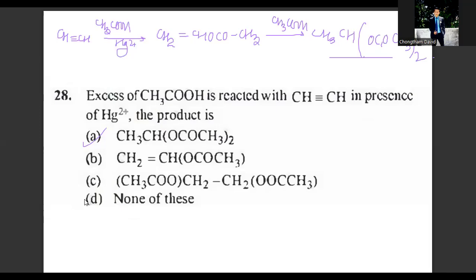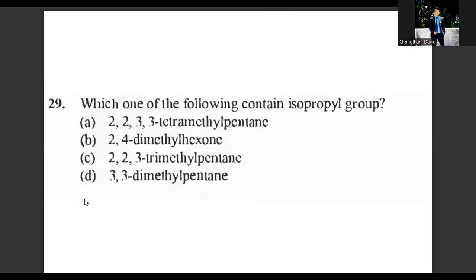29. Which of the following contains an isopropyl group? Write down all the structures and find the isopropyl group. So you know the structure of isopropyl.